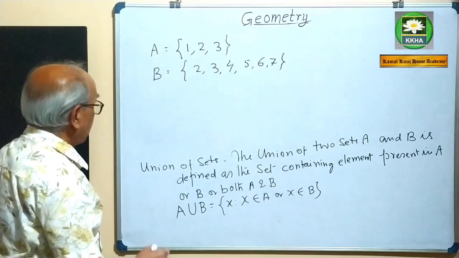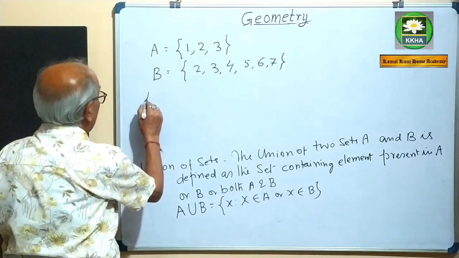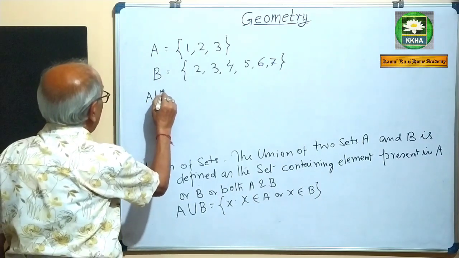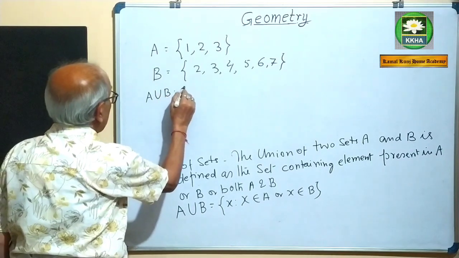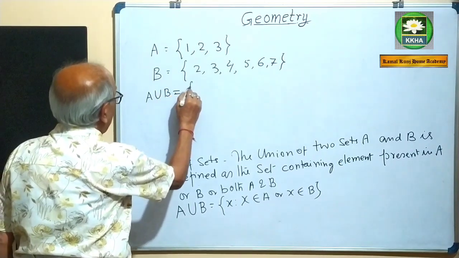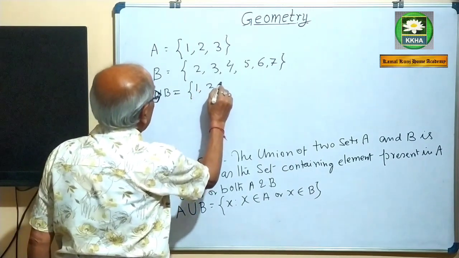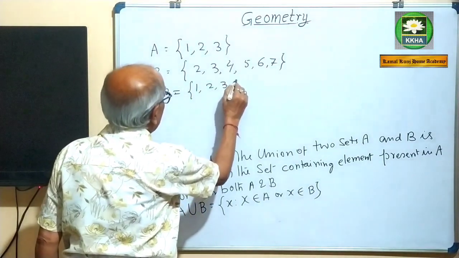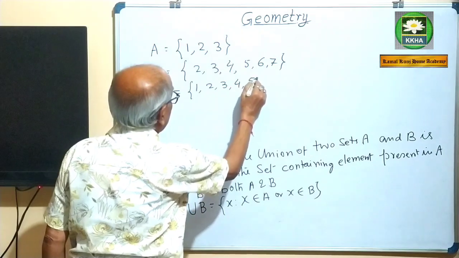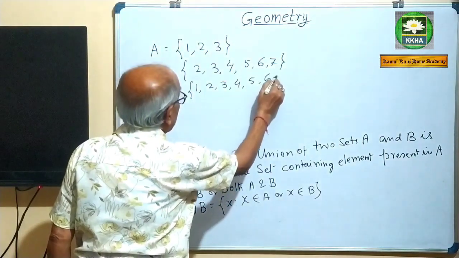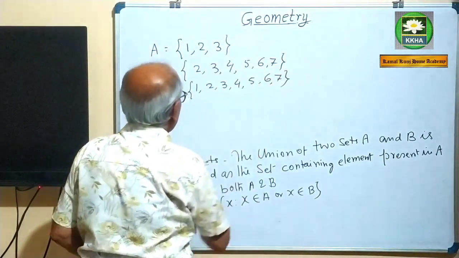So A union B will be 1, 2, 3, 4, 5, 6 and 7.